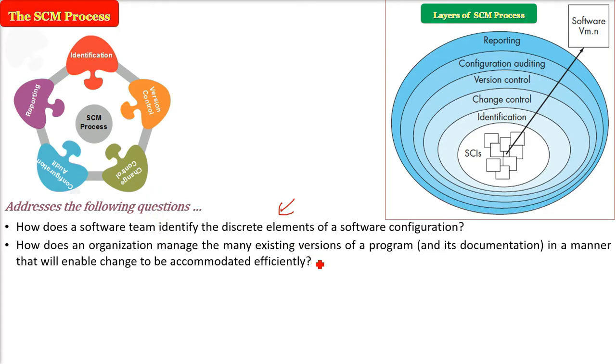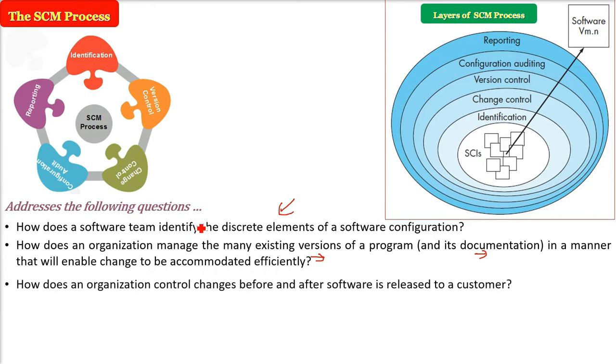How does an organization manage the many existing versions of a program and its related documents in a manner that will enable change to be accommodated efficiently? How does an organization control changes before and after the software has been deployed and released to the customer? What has been changed, and when? The customer should know what we have and what the previous one was.